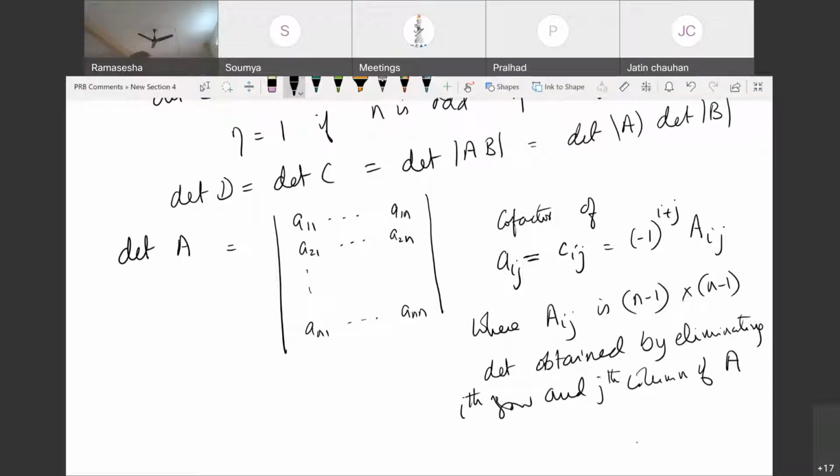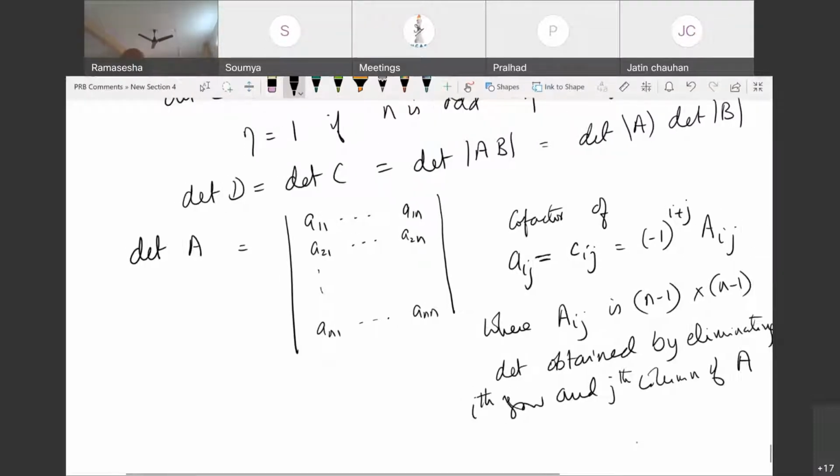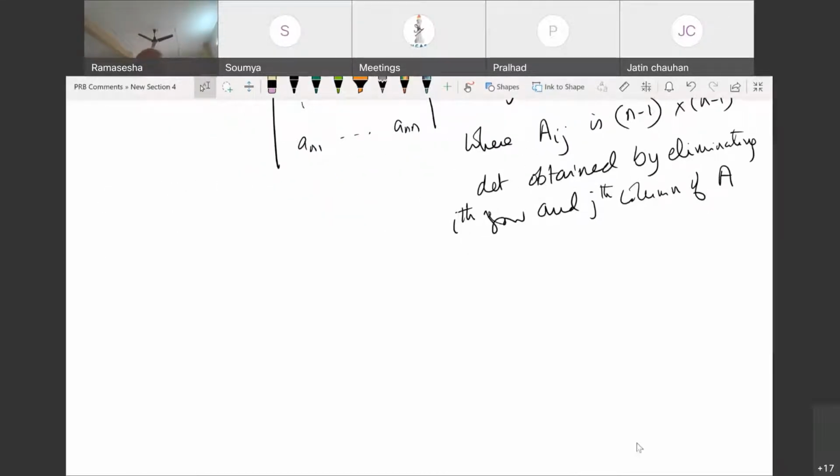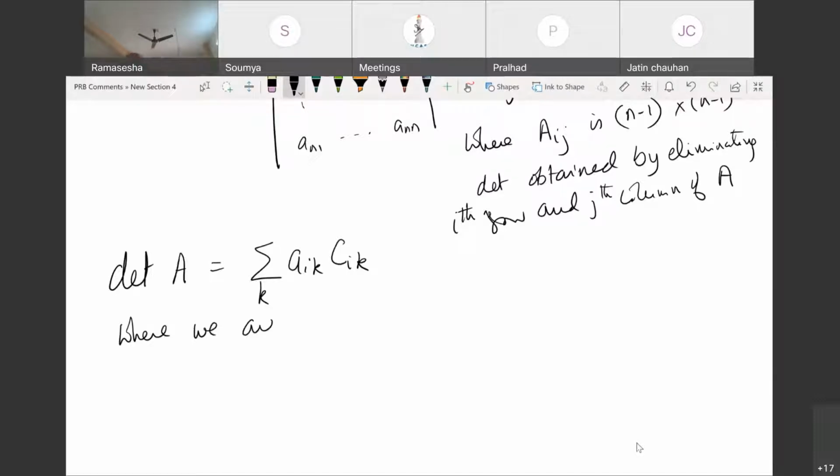So how do you evaluate the determinant? Determinant A is equal to sigma over k of Aik Cik, where we are expanding by the ith row.